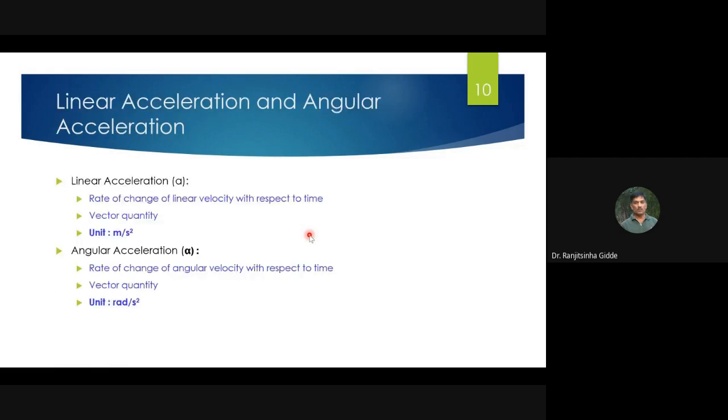Up to this completed? Ajay, up to this completed? No, sir. Please write down. Then one more slide with respect to these basics.